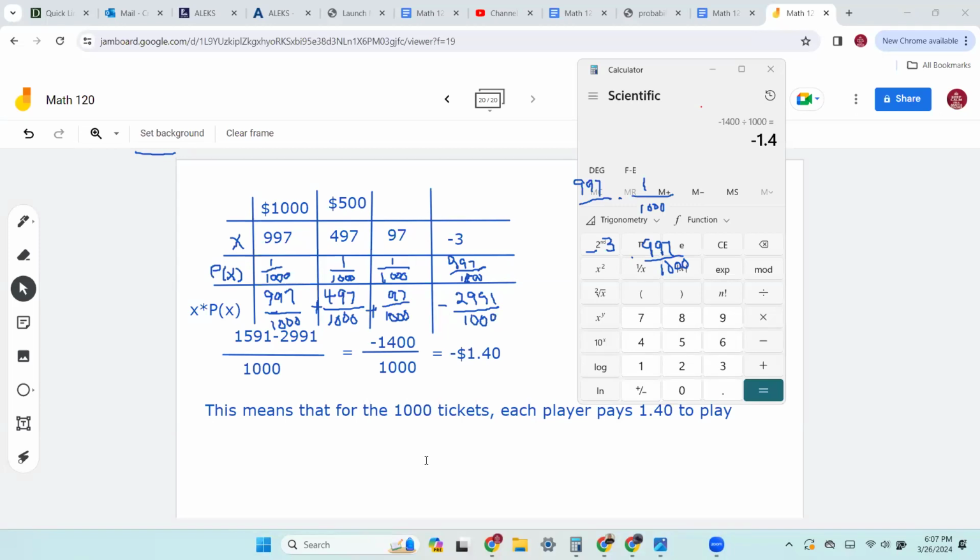After the prizes are paid out, and they're going to have to pay out, what is it, $1,600, they still are going to, on the average, have just a little bit less than half of what they paid to actually play. So on the average, each player is paying $1.40. Not any one, but all of them together on the average.